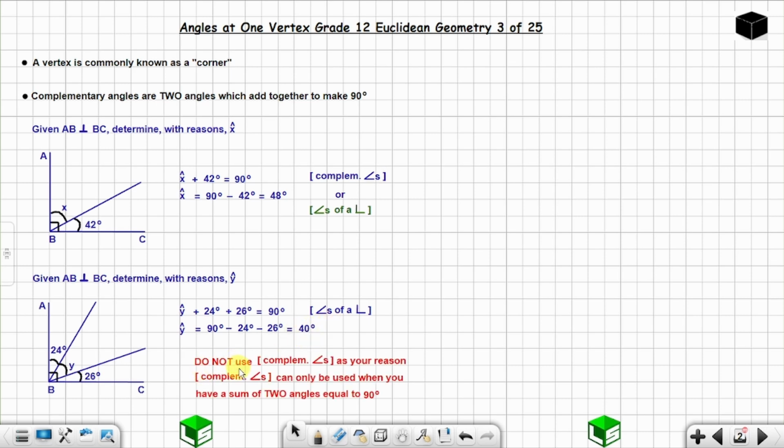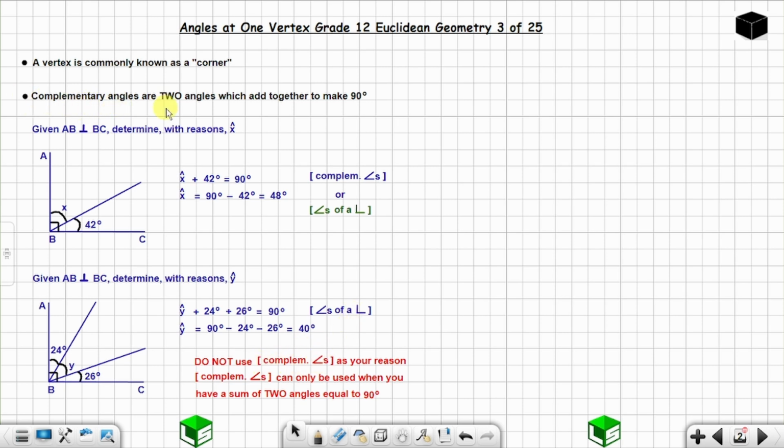Do not use complementary angles as your reason for this. Complementary angles, you can use this reason only when you have a sum of two angles equal to 90 degrees. You have three angles equal to 90 degrees, this is why you don't use it.